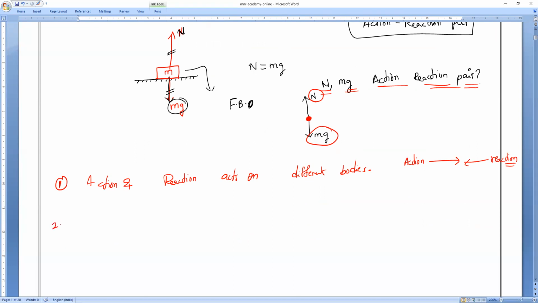Next, the second one. Observe the forces on this body. One force is downwards. What do we call the force which is pulling downwards? That is called gravitational force. And the upward force we call the normal reaction. Clear? Then are both of the same nature or different in nature?